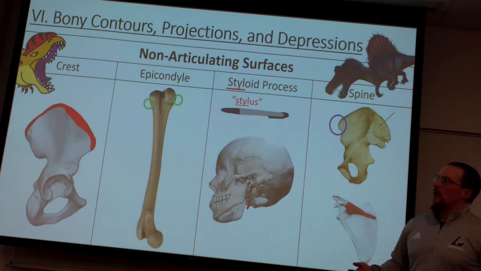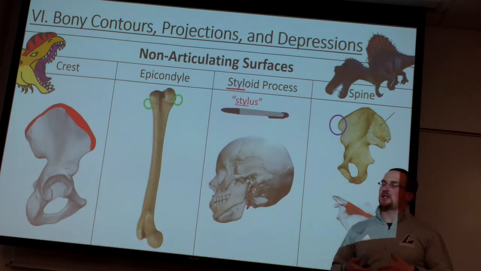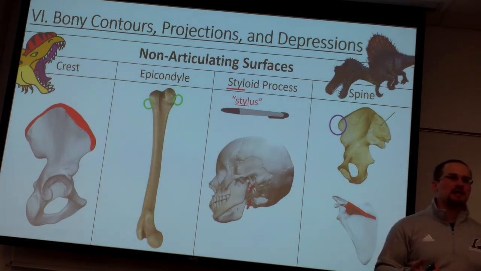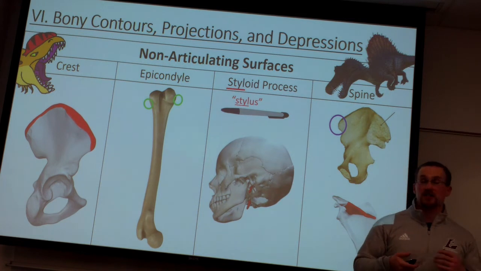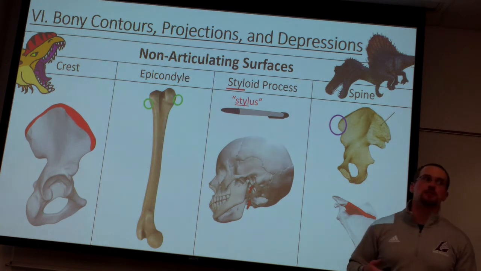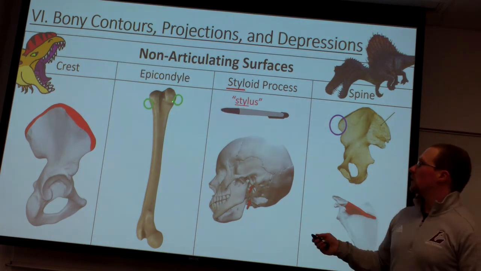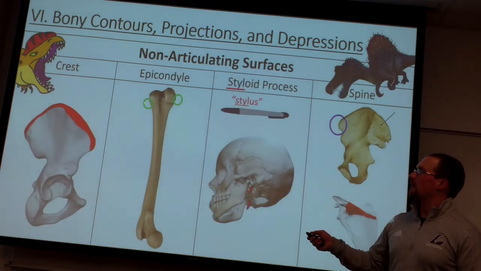Epicondyles are projected surfaces just above the condyles, just superior to the condyles. Or if you want to be very specific, they are immediately proximal to the condyles. So this section here is a condyle, and these are going to be considered epicondyles.